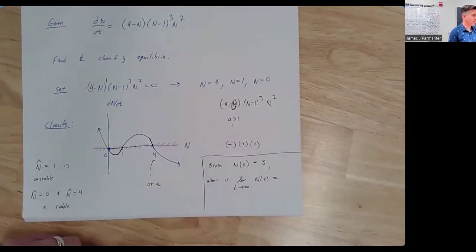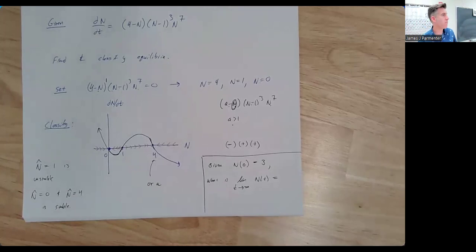I'll take a minute to think about it. Show me on your fingers. I think I'm seeing the right number of fingers. I see a couple 4s, which is the right answer here.